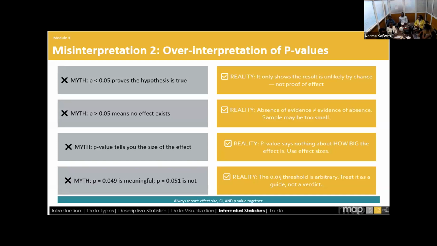In some other studies, they use a p-value of less than 0.01, in very delicate studies, for example clinical trials, where the threshold is very low. But in normal convention, they've kept the threshold of 0.05. So as I've said, it's not a verdict.